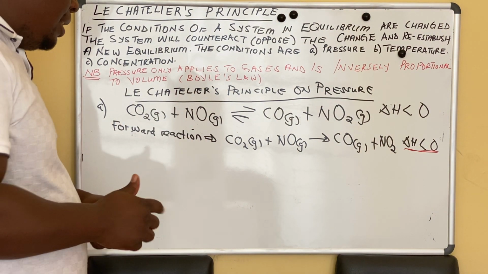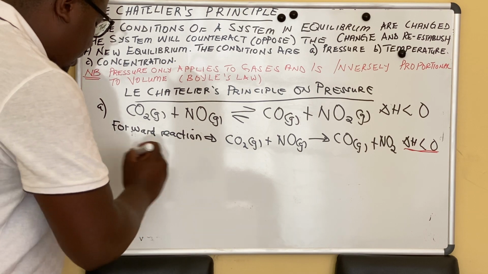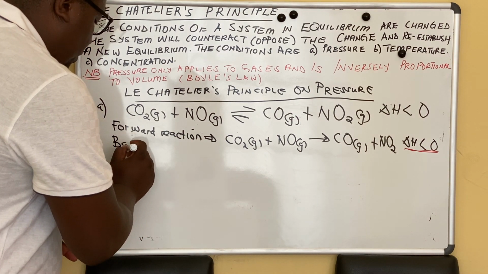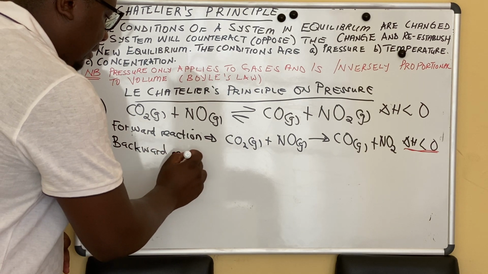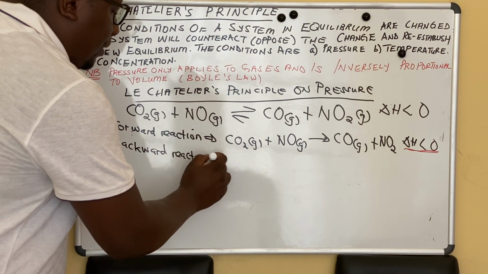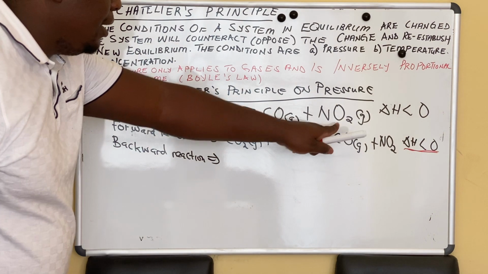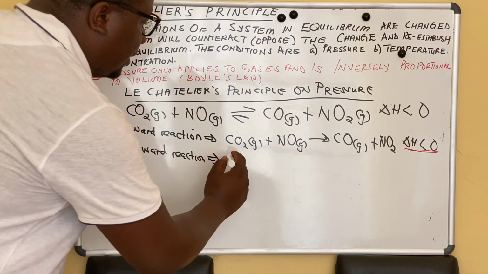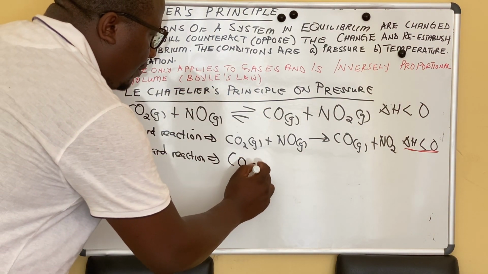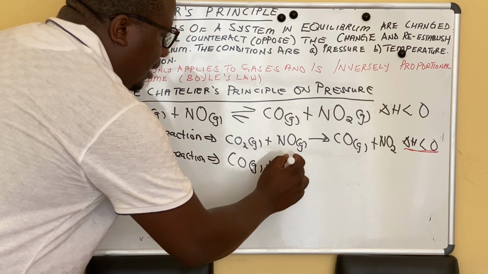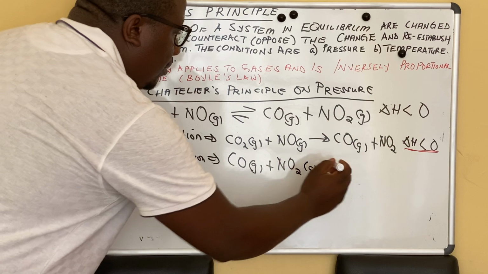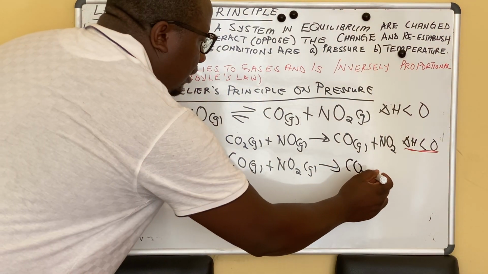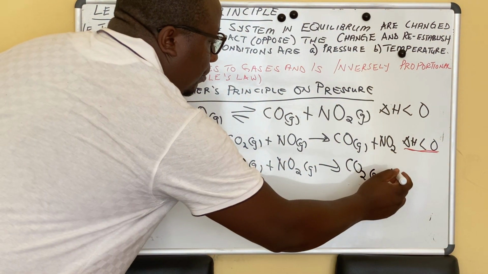Are we together there? Then I have another reaction here, which is called the backward reaction. So for the backward reaction, what is happening now? This carbon monoxide and nitrogen dioxide are reacting in order to form carbon dioxide and nitrogen monoxide.